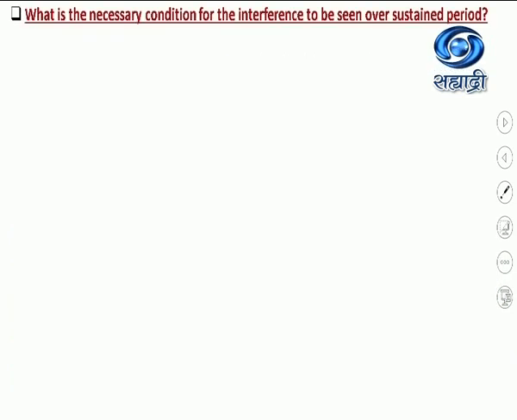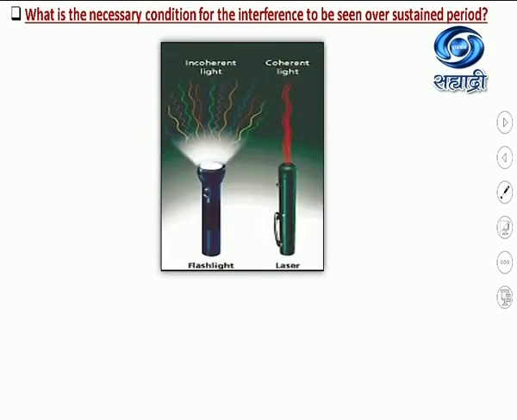Now, for the interference to be seen over a sustained period, what is the necessary condition? Let us take an example of a normal flashlight, or a torch. When the torch is on, it emits light which consists of different wavelengths.